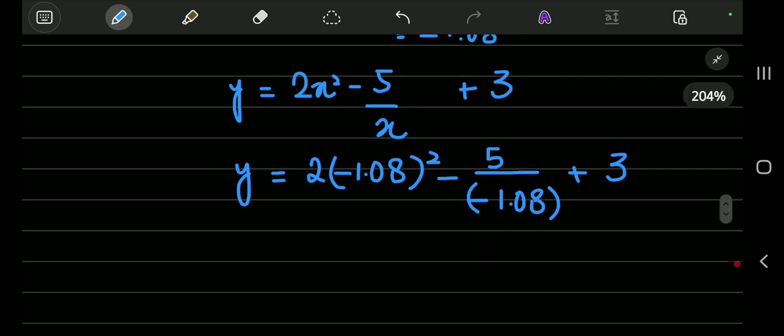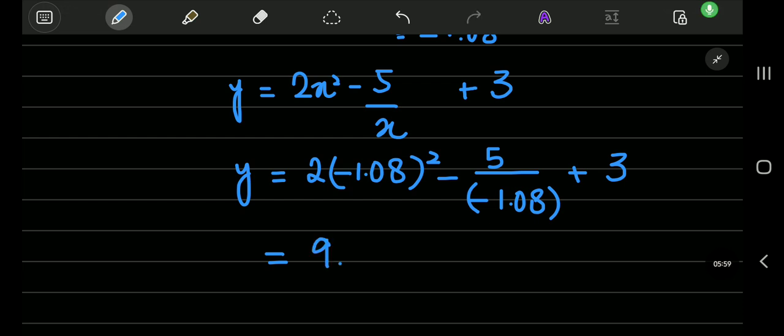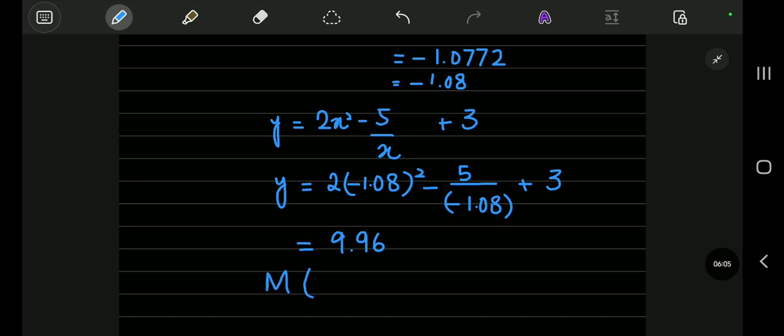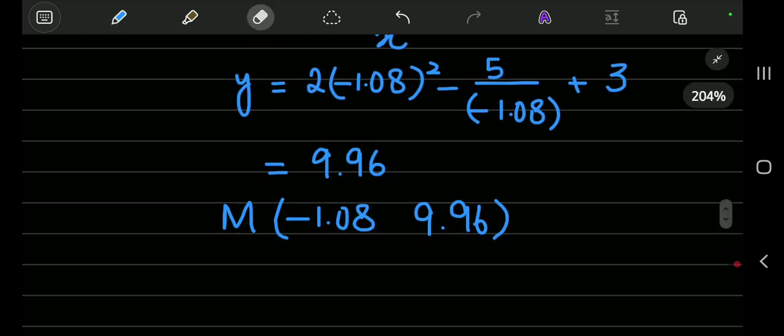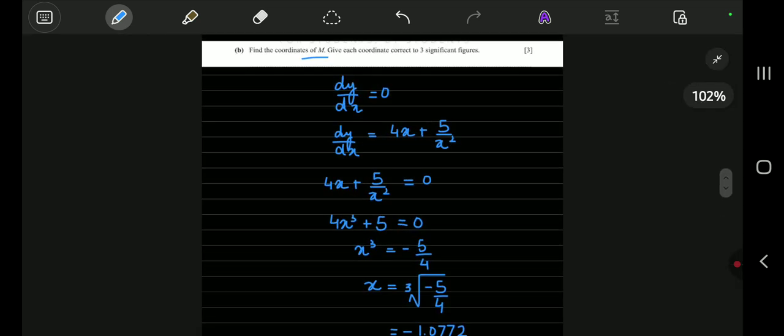When solved, it is going to give you y equals 9.96. So your M coordinates would be (minus 1.08, 9.96). That's all about your question number 2. We found the coordinates of the stationary point as well.